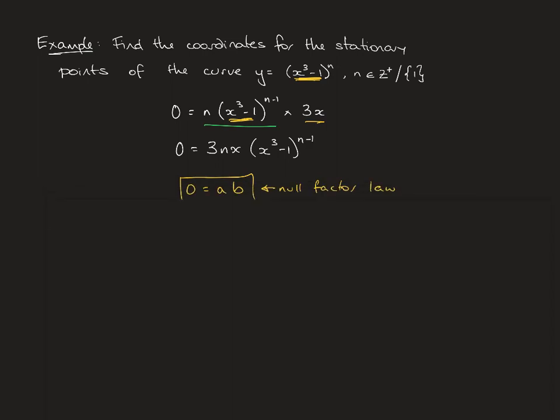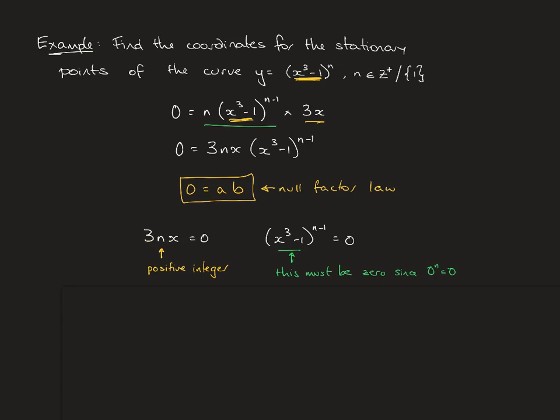Now we have two things multiplying together to give us 0, so we're going to use the null factor law, which means either 3nx squared is equal to 0 or that bracket is equal to 0. And now we're going to solve each of these for x. Now, in both situations here, we've got something that we need to think about. We've been told that the value of n is a positive integer.